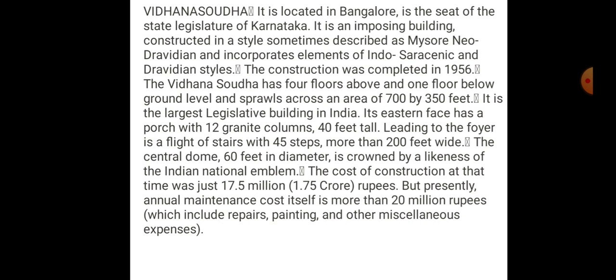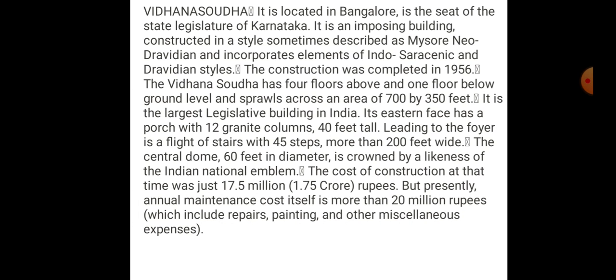It is a very beautiful, imposing building, constructed during the time of the Mysore Wadiyar family. It is in the Mysore Neo-Dravidian style and incorporates elements of Indo-Saracenic and Dravidian style. The construction was completed in the year 1956.